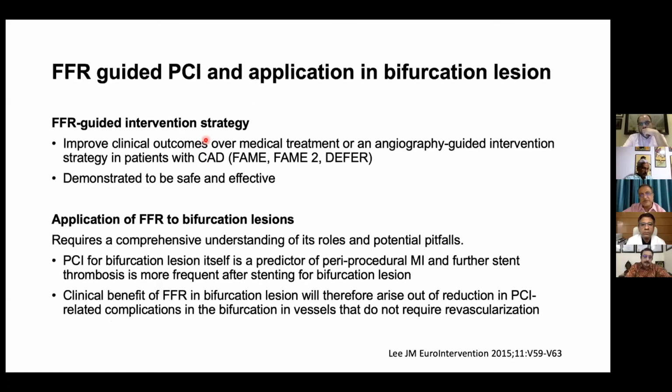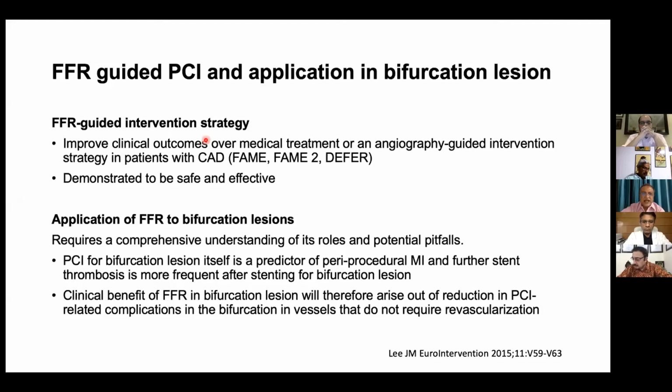So, FFR-guided PCI, in general, all of us know FFR has been found to improve clinical outcomes over medical management or angiography-guided intervention in patients with coronary heart disease, be it the FAME trial, FAME 2 or DEFER. And it has been demonstrated to be safe and effective.